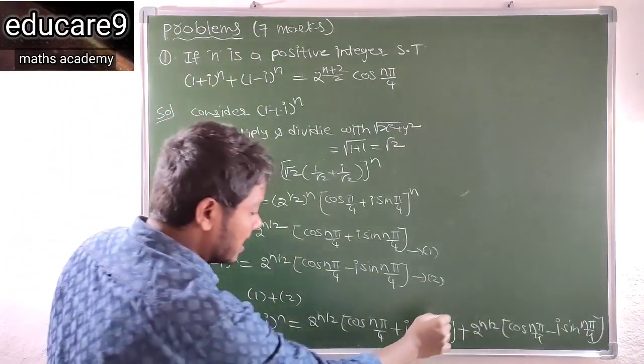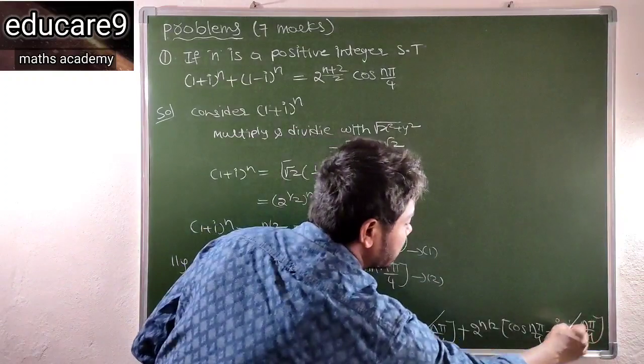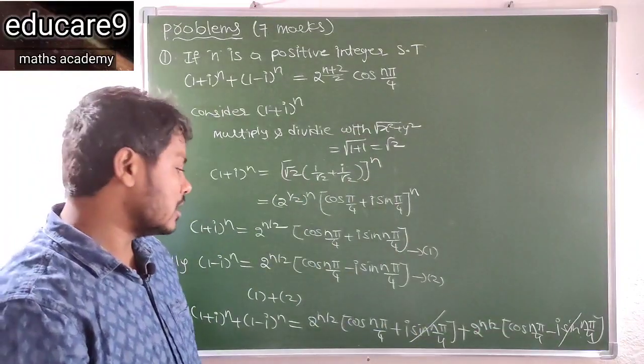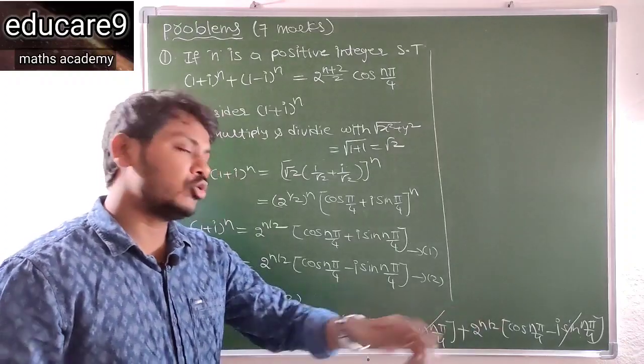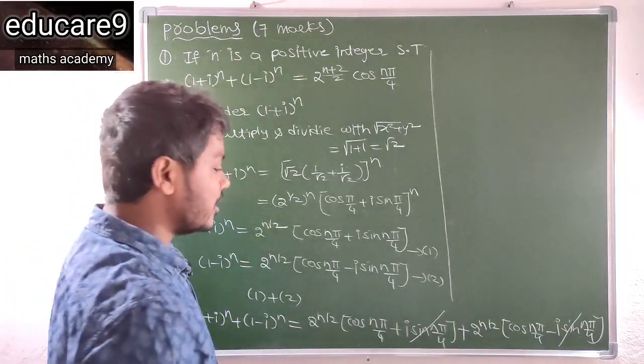Clearly here, plus i sin nπ/4 and minus i sin nπ/4 get cancelled. So clearly here 2^(n/2) cos nπ/4 plus 2^(n/2) cos nπ/4.